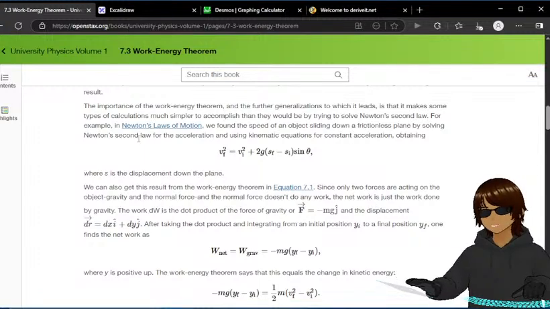For example, in Newton's laws of motion, we found the speed of an object sliding down a frictionless plane by solving Newton's second law for the acceleration and using kinematic equations for constant acceleration, obtaining final velocity v squared is u squared plus 2as. And we have sine theta over here. s is the displacement down the plane.